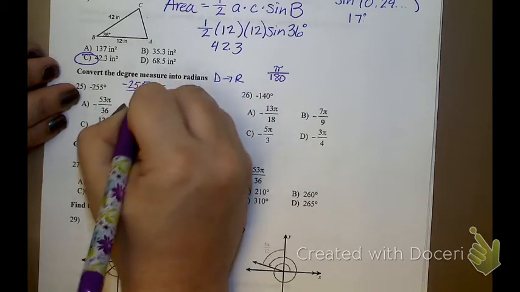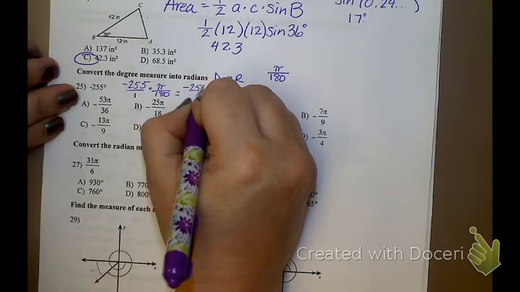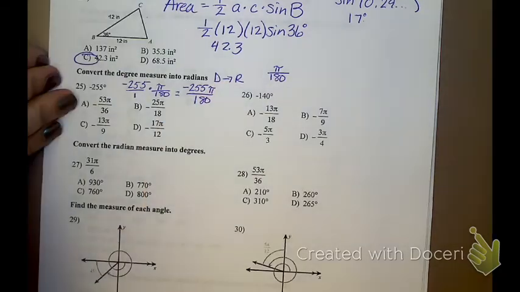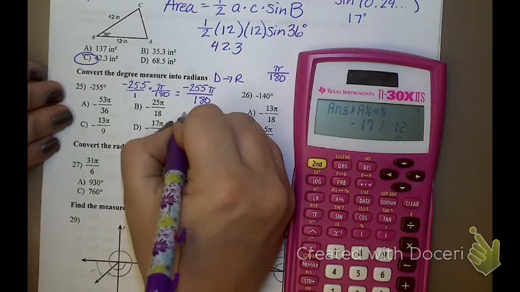So that's negative 255 over 1. That gives me negative 255 pi over 180. And I'm going to go to my calculator to reduce that. Negative 255 over 180. Get my improper fraction. Negative 17 pi over 12.